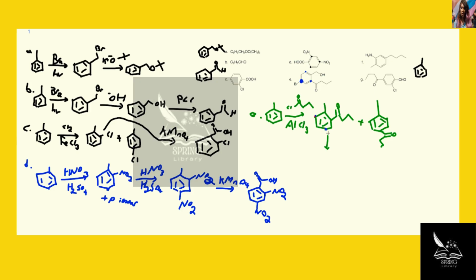We have double directing for this carbon, so then we can add our bromine with our Lewis acid. And we'll get this isomer plus the other isomer over here, which we're not really interested in.